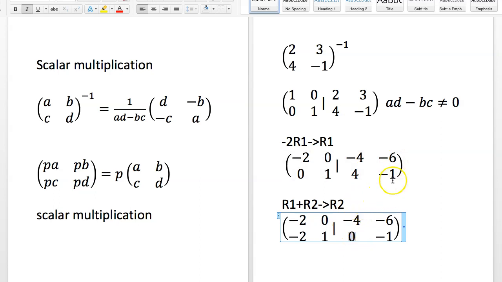And then negative 6 plus 1 is negative 7, because our objective is to get rid of the positive 4 and the negative 6, the terms off the main diagonal for the terms on the right side here. Okay, we're wanting to make this the identity matrix.